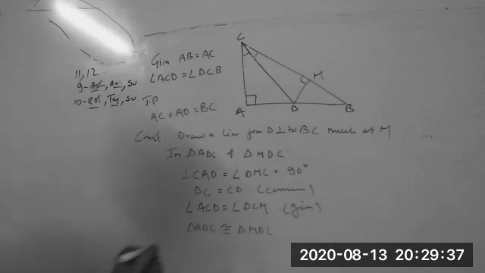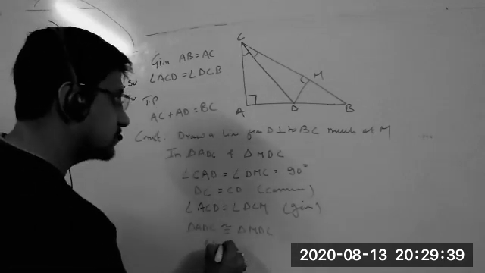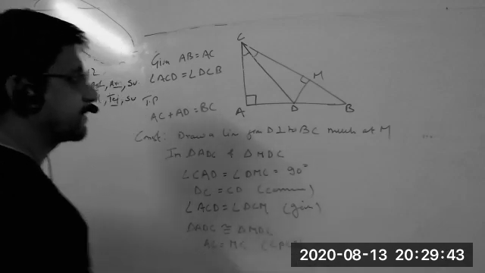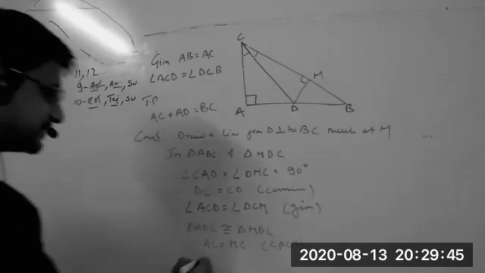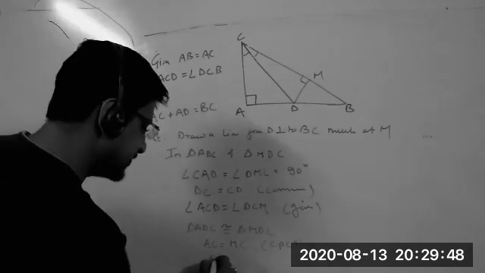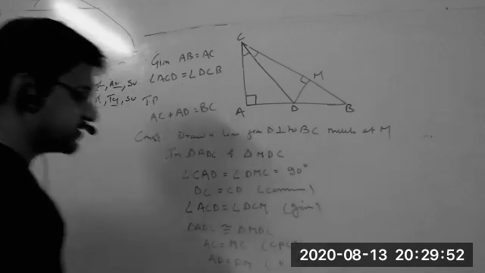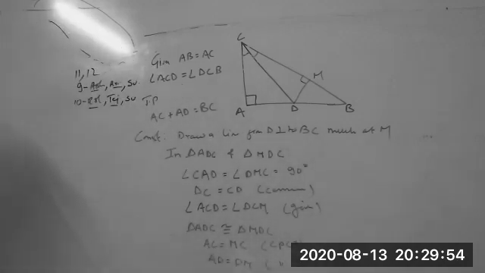Yes, sir. AC is equal to MC, by CPCT, and AD is equal to DM, by CPCT, correct? Okay.